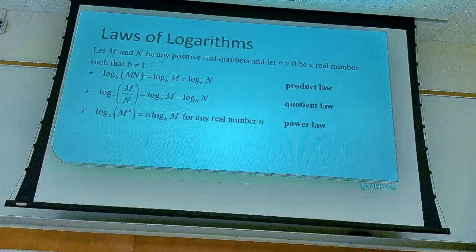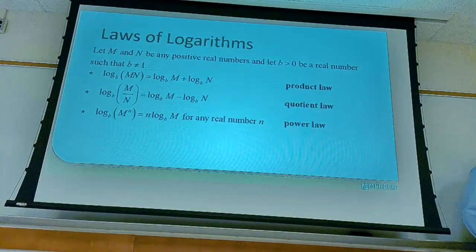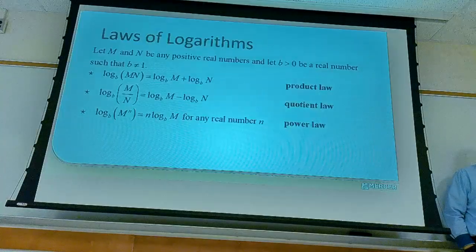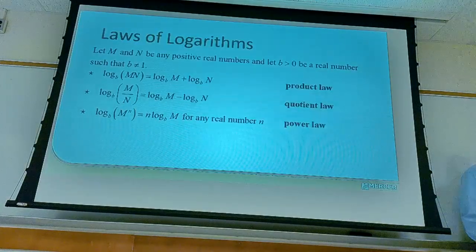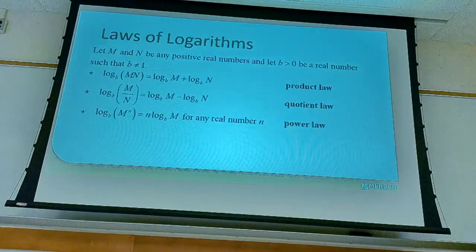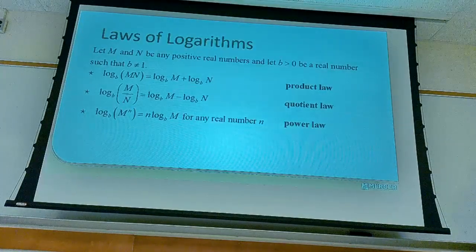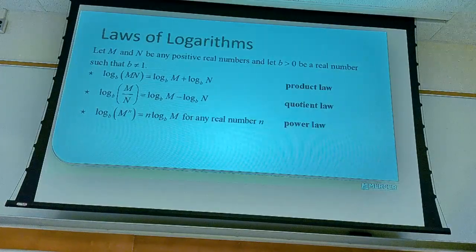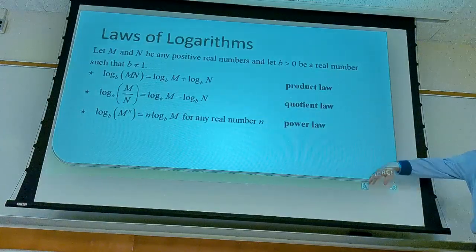This is true for any real number n. As you take the log of a power, it becomes a scalar multiple. So this is your power law. These three collectively are the laws of logarithms.